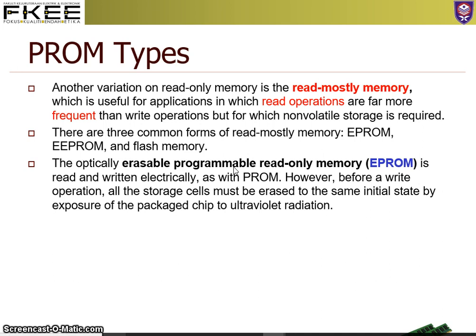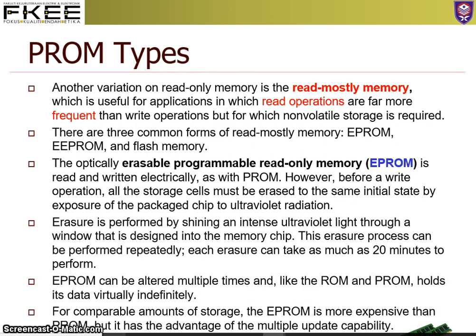For EPROM, it is using electrical technology to write the data inside the memory. This process or erasure process can be performed repeatedly, and the time taken is quite long. EPROM is more expensive than PROM.